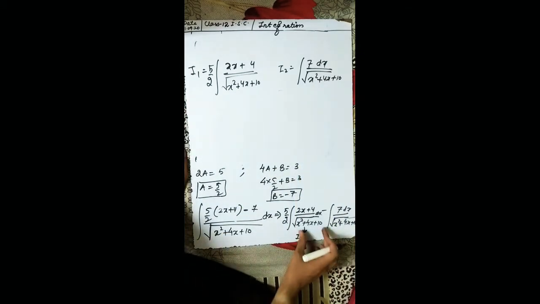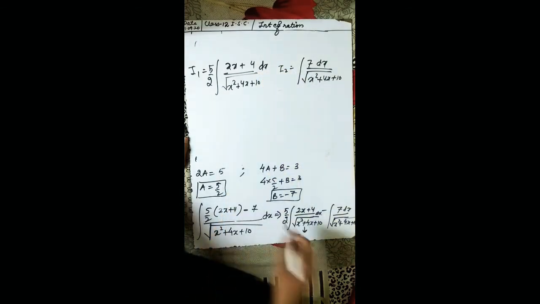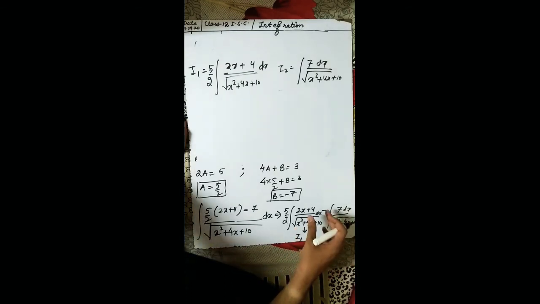Because if you substitute x square plus 4x plus 10 equal to t, that will give you 2x plus 4 dx equal to dt. So if you solve combinedly, you need to substitute in both places, correct? We don't need any substitution for solving this one, but we need it for the other. So we integrate separately and at last write it combinedly.